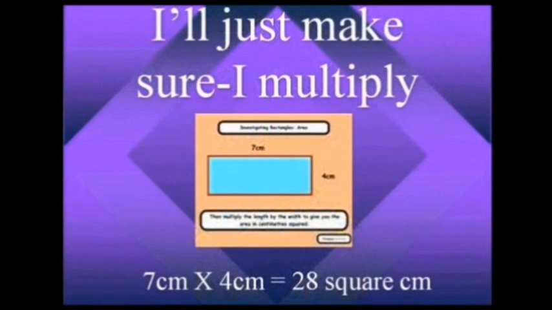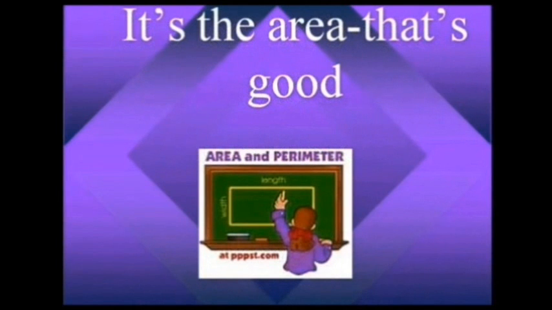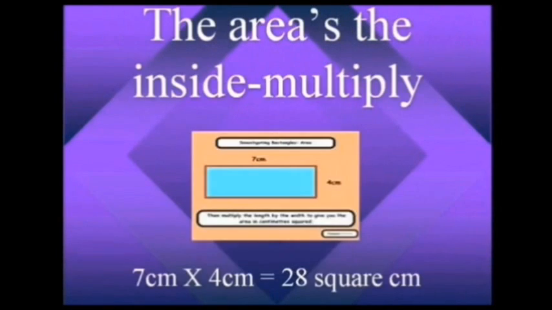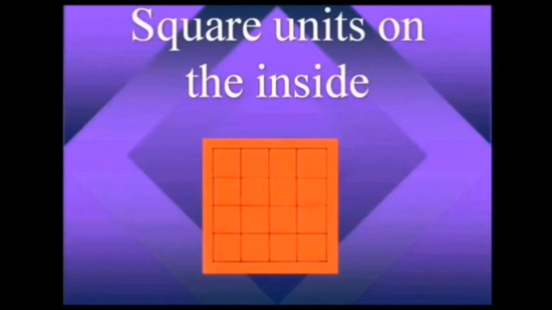I'll just make sure I multiply the length by the width, find square units inside. It's the area, that's good. The area's the inside. Multiply, the area's the inside. It's good, square units on the inside.